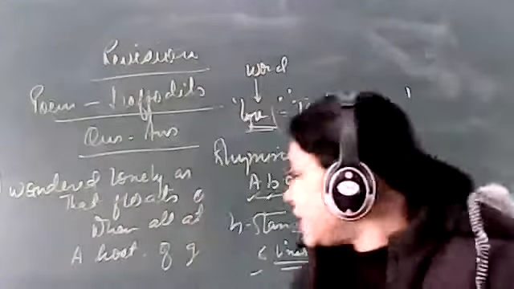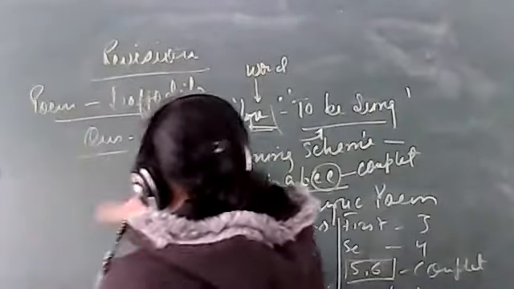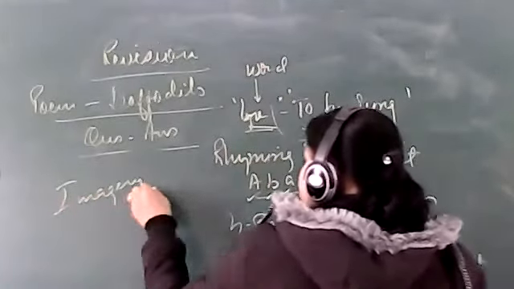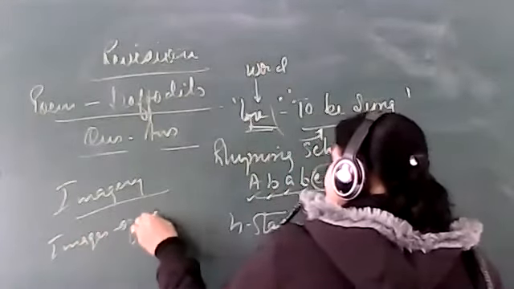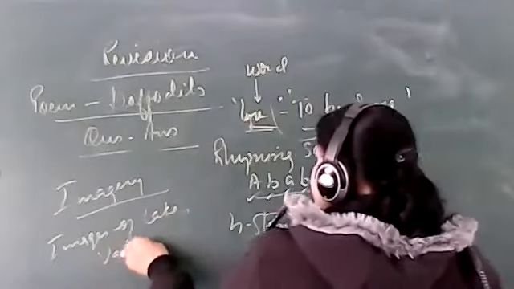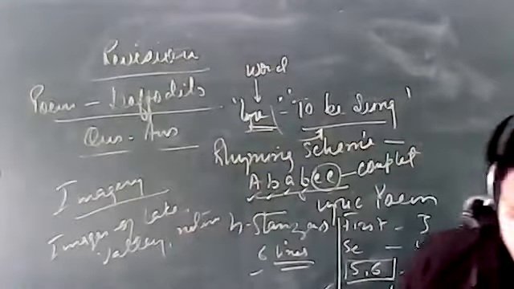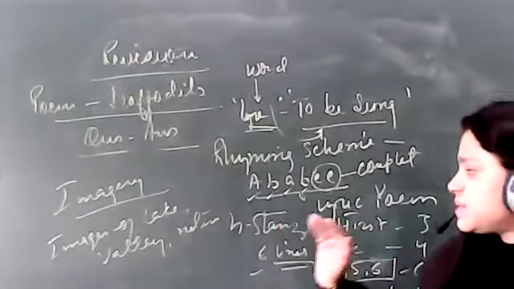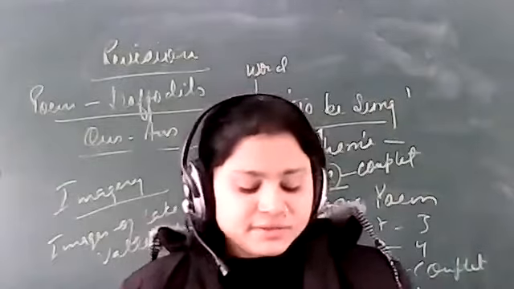You can see that he has used the images of lake, valleys. He has depicted nature and all. With the help of these things, we can see the best descriptive imagery in this poem.